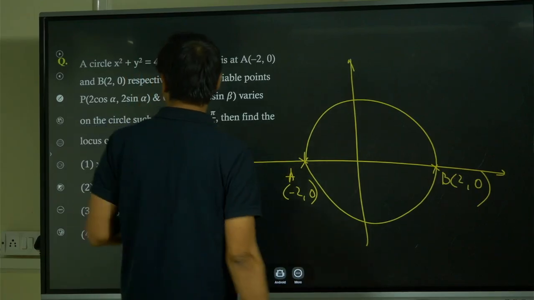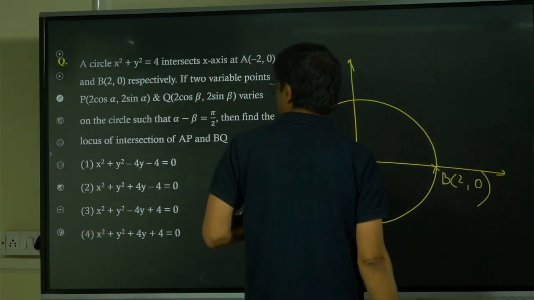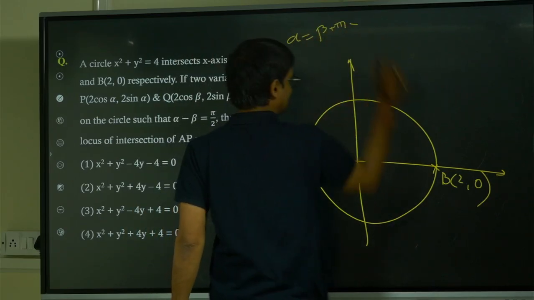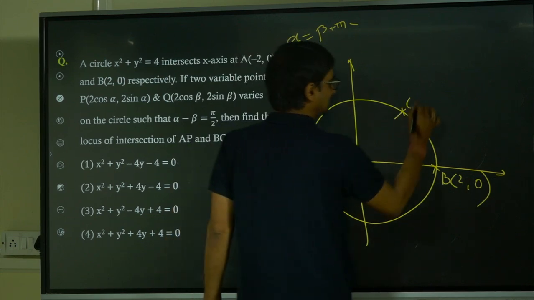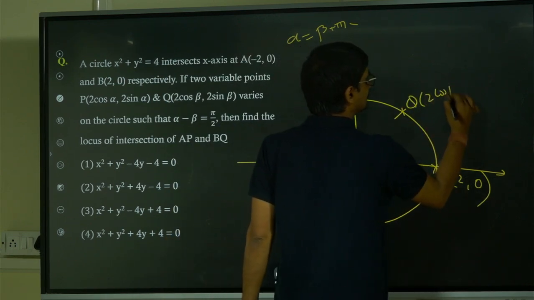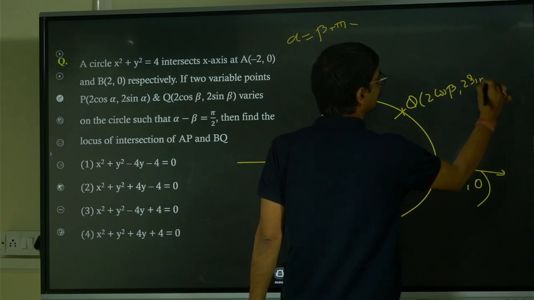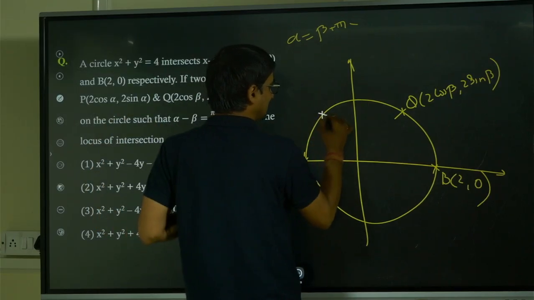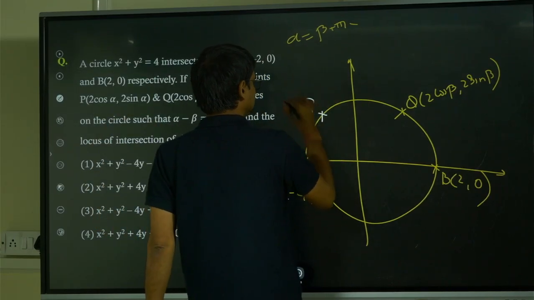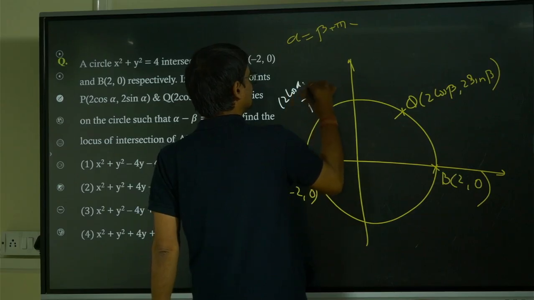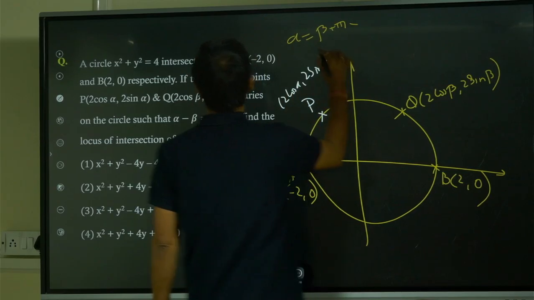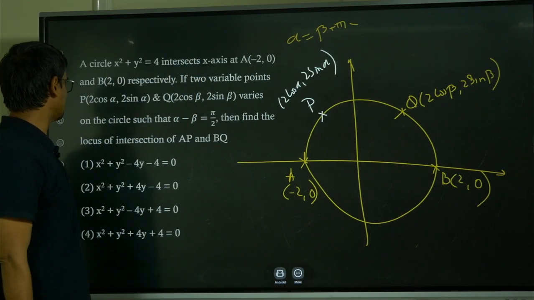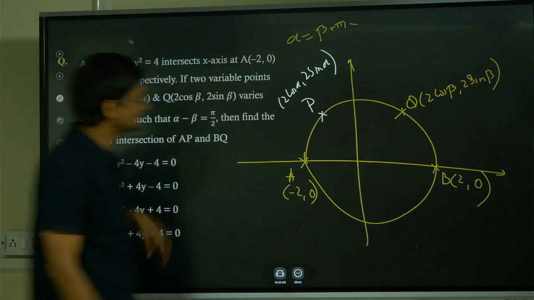If two variable points have alpha equal to beta plus pi by 2, so if I consider beta here, Q, then rotate it by 90 degrees, it has to be P. Then find the locus of the point of intersection of AP and BQ.